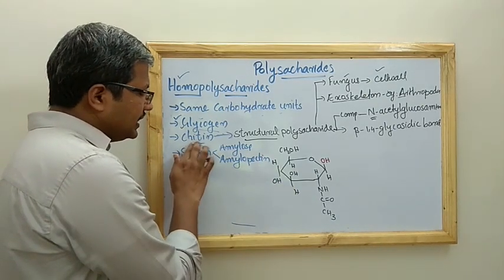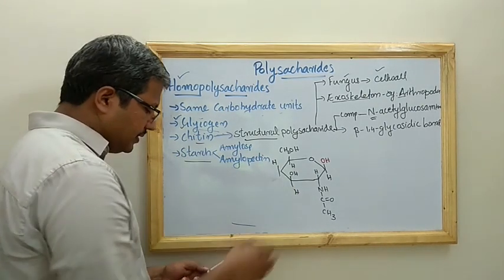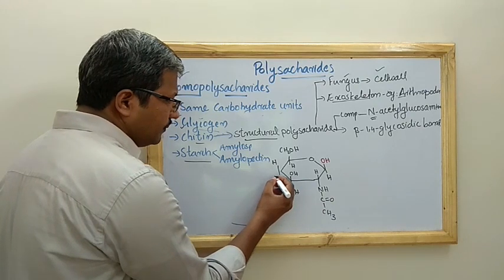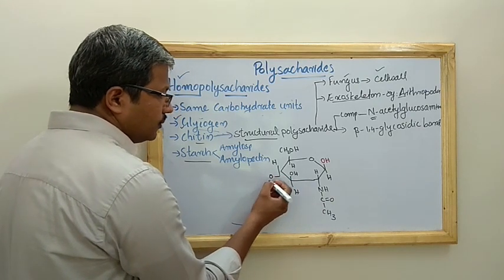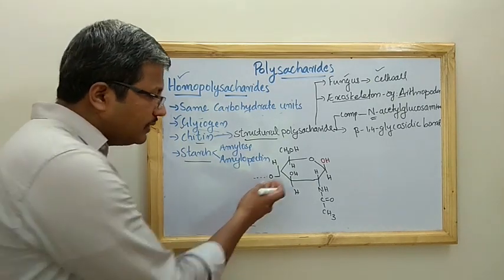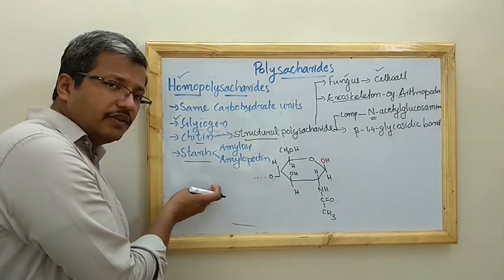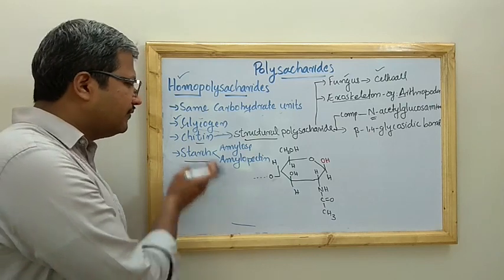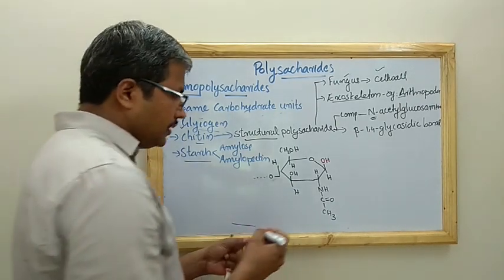Now a second polysaccharide. As I am representing the chitin, it's a polymer. I am just linking this particular thing with the O in this way, dotted line, so that we are representing so many units of N-acetyl glucosamine that form the chitin.